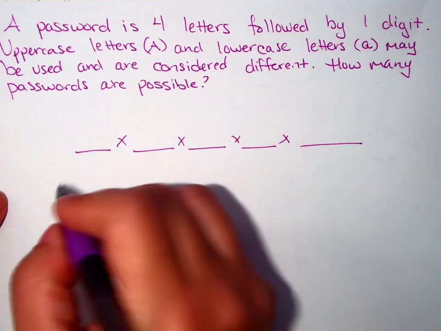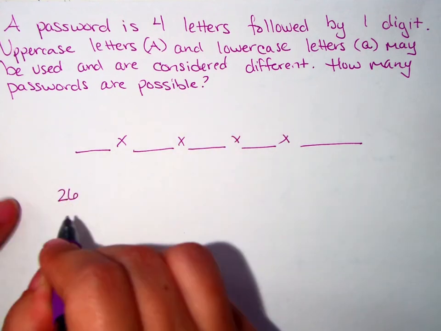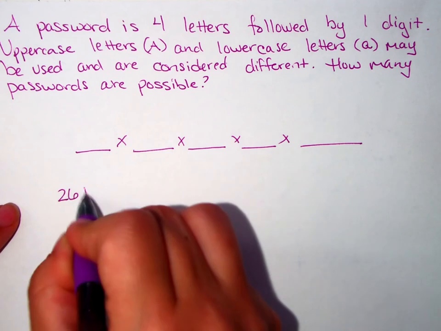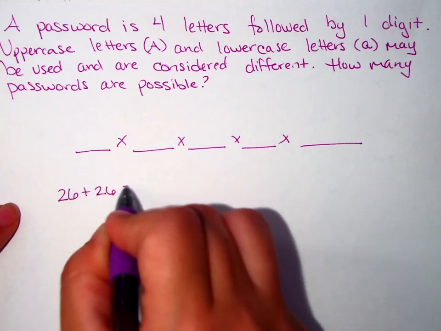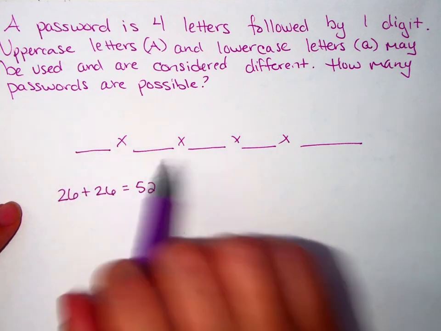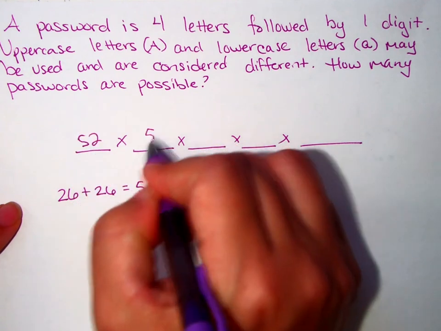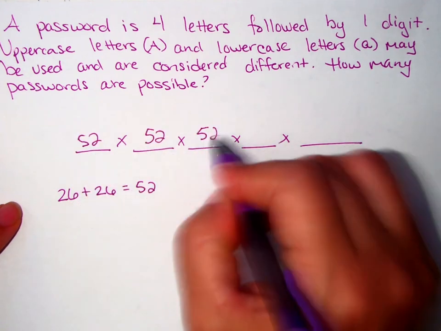So remember, there are 26 letters in the alphabet. If I use 26 uppercase, I can use 26 lowercase, and I get 52 letters that I'm able to use. So the first 4 are letters, so I'm going to do 52, 52, 52, 52.